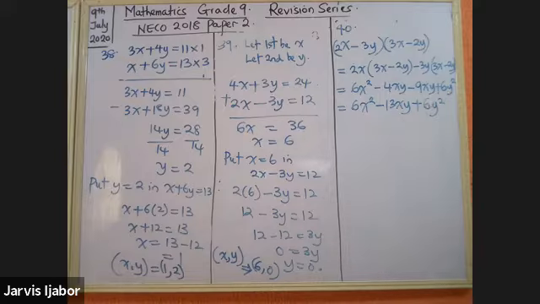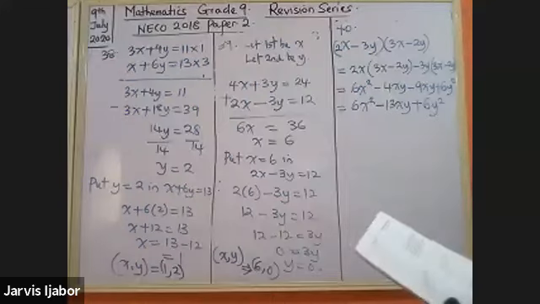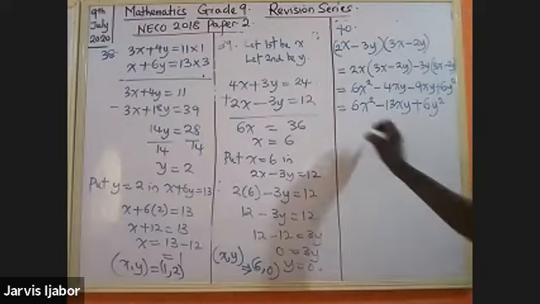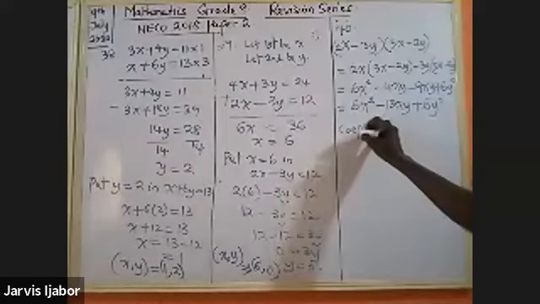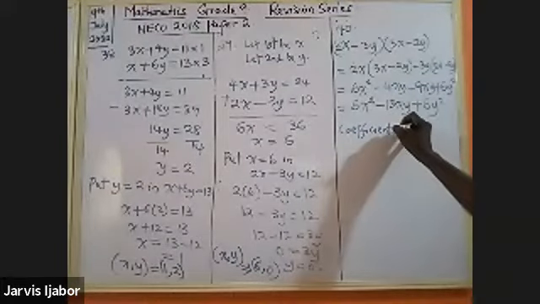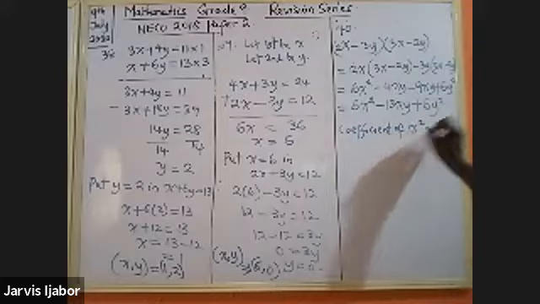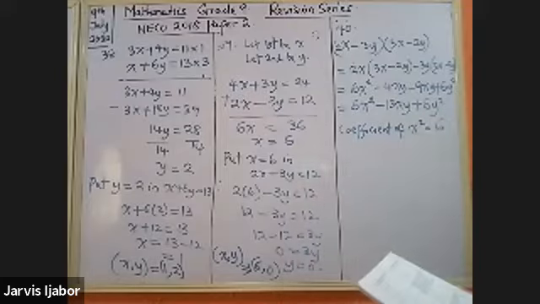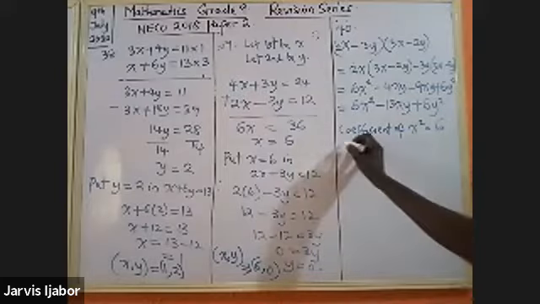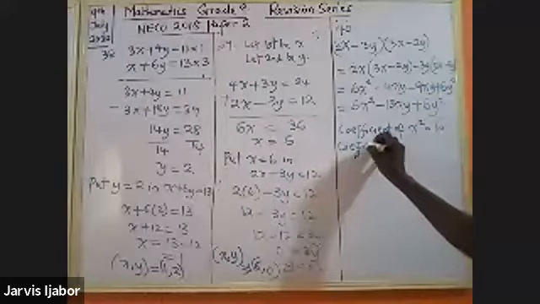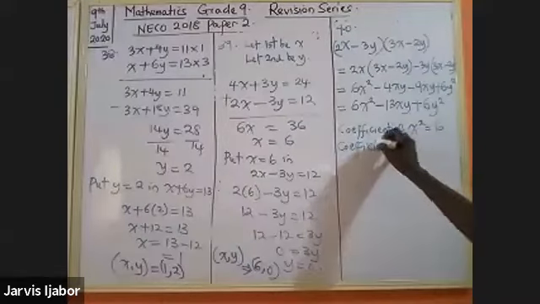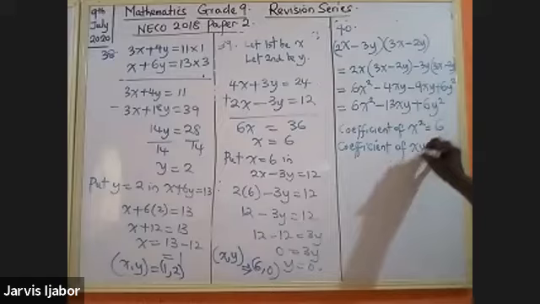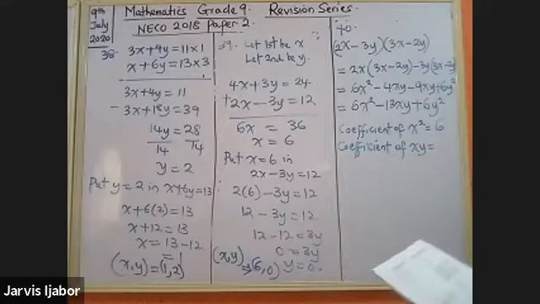Right. So now they have been told to find the product of the coefficients. So the coefficient of x squared is equal to what? 6. And the coefficient of xy is equal to what?